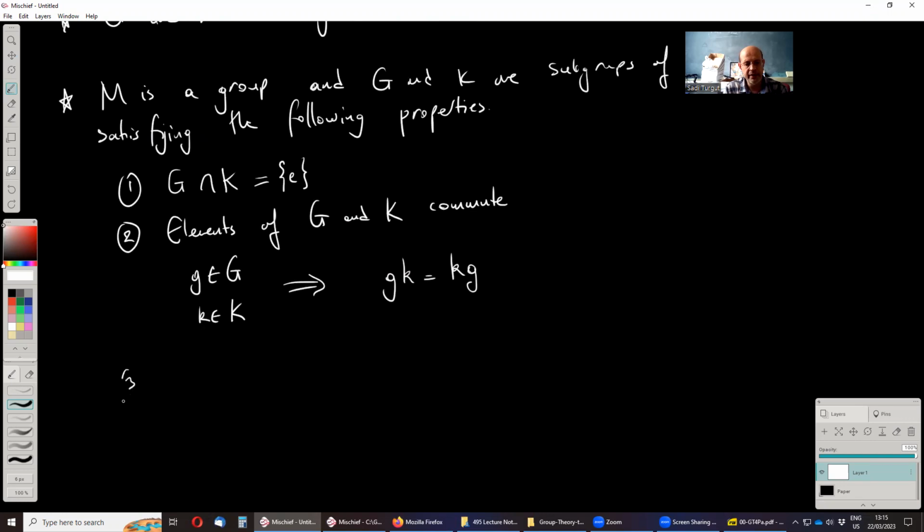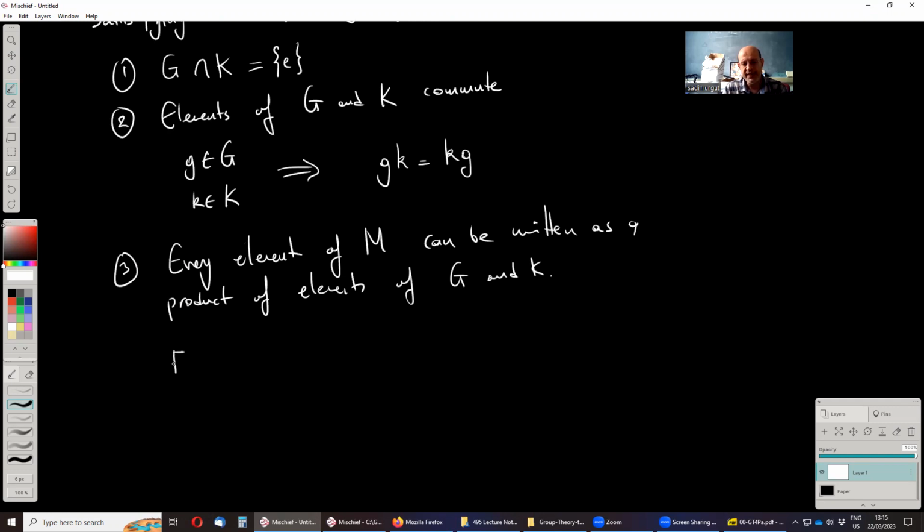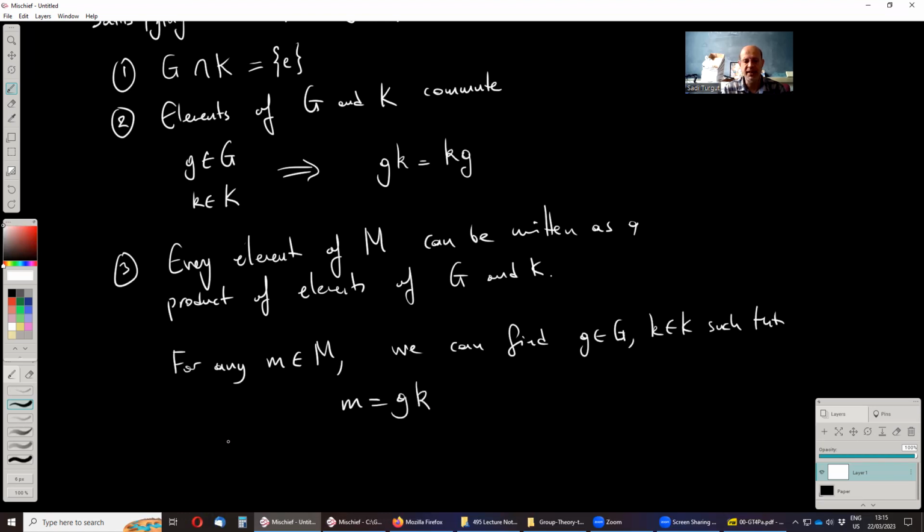And number three, every element of the big group can be written as a product of elements of G and K. So in mathematical language, for any element M of the big group, we can find elements G in G and K in K such that M can be written as G times K.